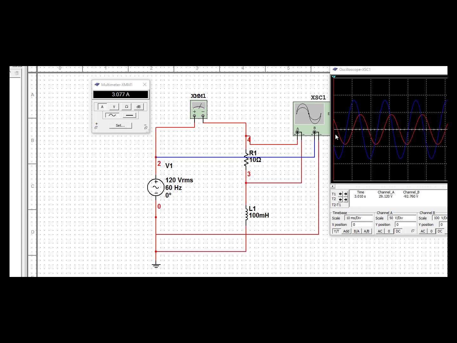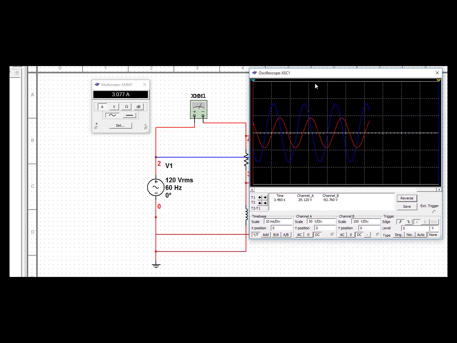So in doing that, the blue sine wave is representing the source, and that's indicated by the blue test lead. And then the red one is the current. So now that you know that, red is current, and blue is voltage.